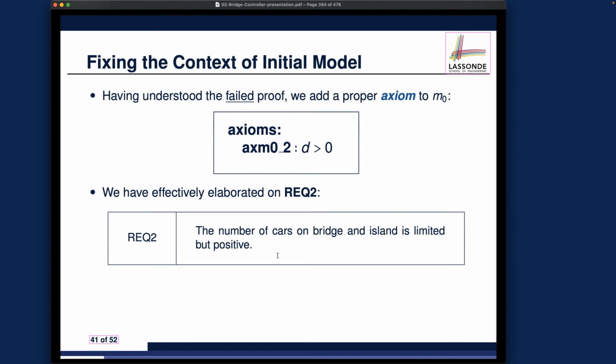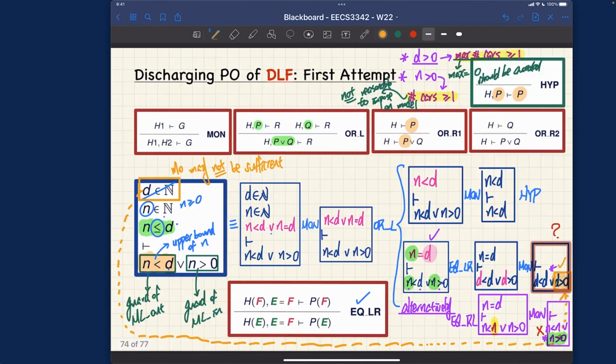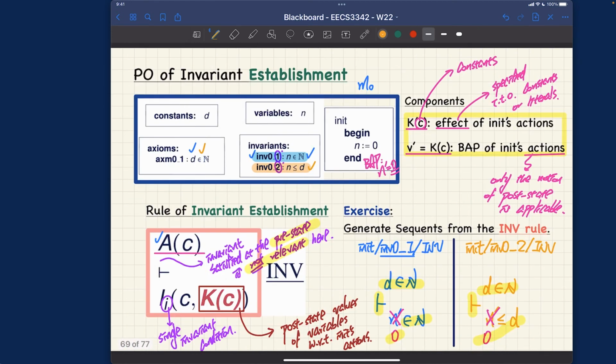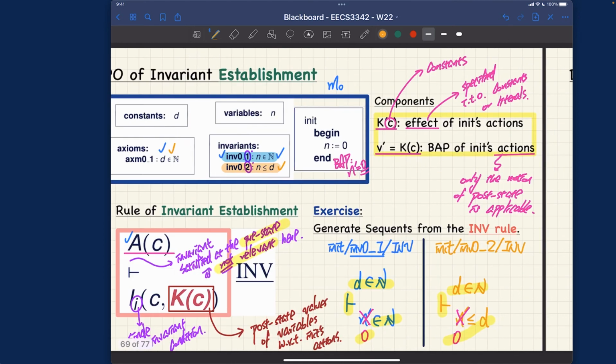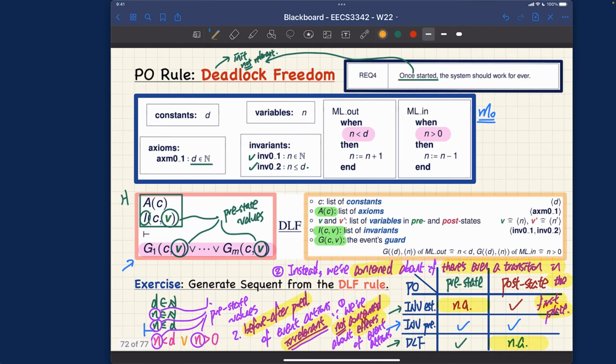Since we have changed our model, we have to reformulate the sequent for the proof obligation of deadlock freedom. Remember, deadlock freedom also depends on the axiom. If you look at the proof obligation rule, let me show it to you to be 100% precise.